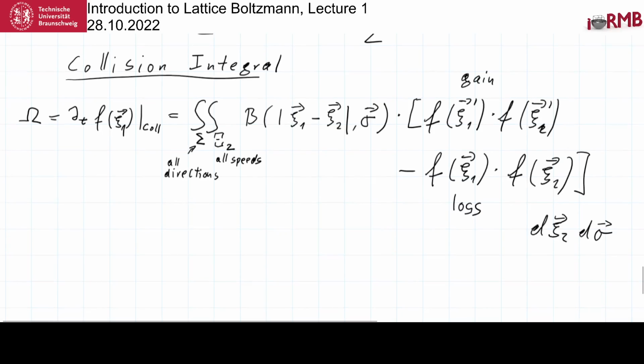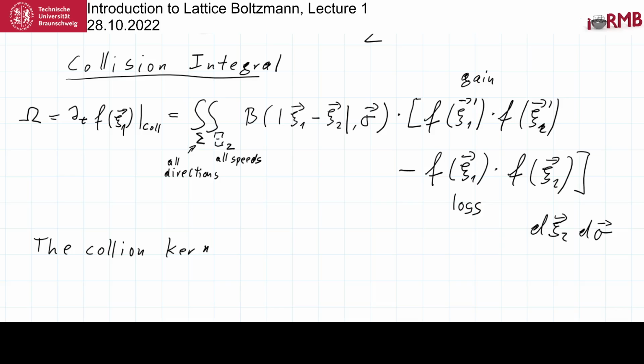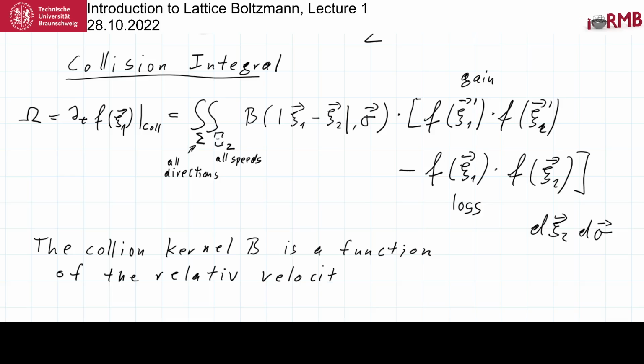So now the important thing, which I have already said and have to write down: the collision kernel, as we call it, B, is a function of the relative velocity and the direction sigma only, so not a function of the absolute velocities.